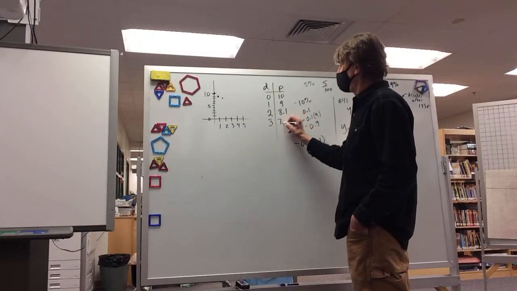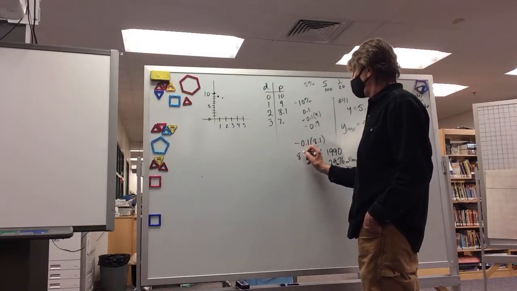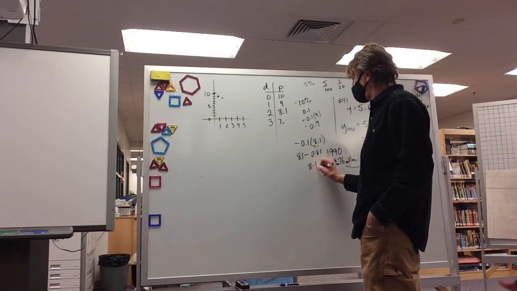So you're gonna take 8.1 and subtract 0.81.